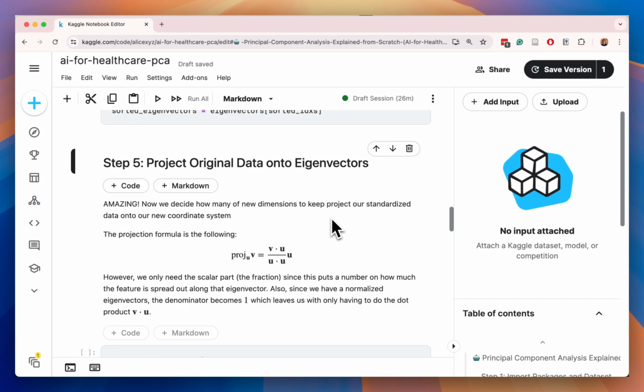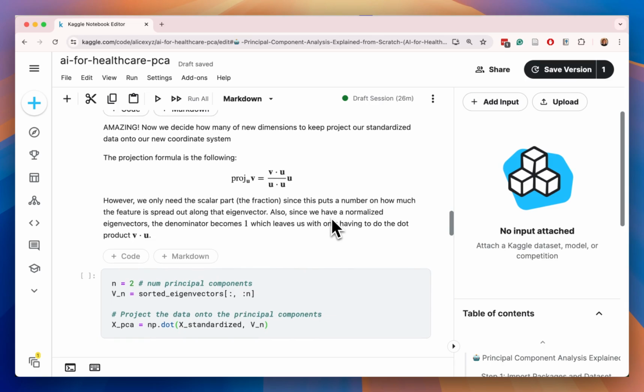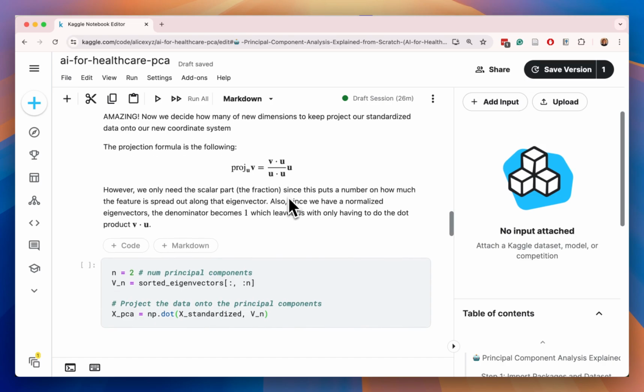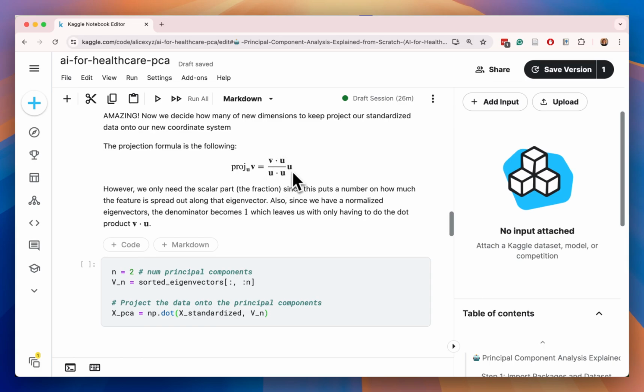our new coordinate system. And the projection formula in linear algebra is this thing where we have the vector we want to project, and then you take a whole bunch of dot products. But the thing is, we actually only need this part, the scalar part. We don't need to multiply it again by a vector, because this scalar right here is just saying how much spread out are we along this vector.